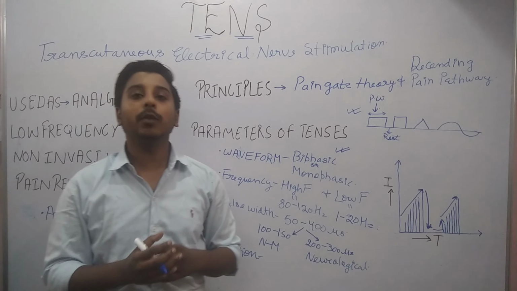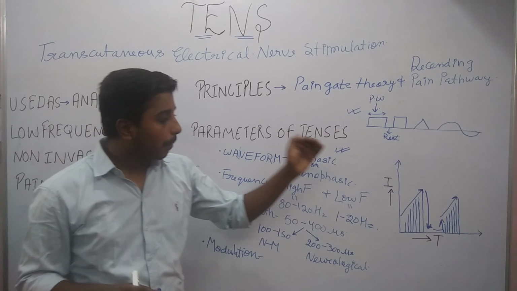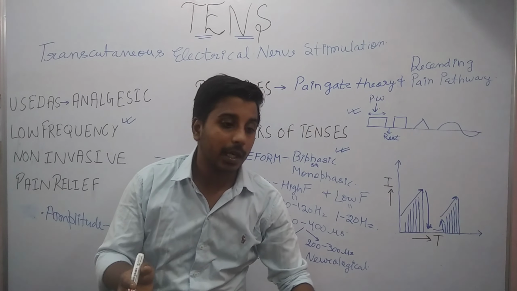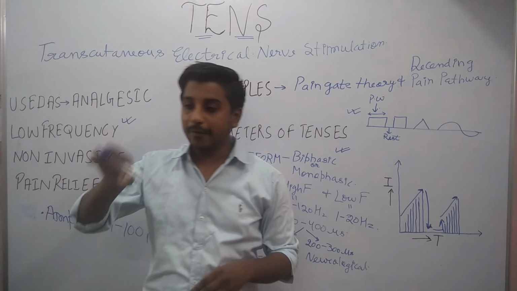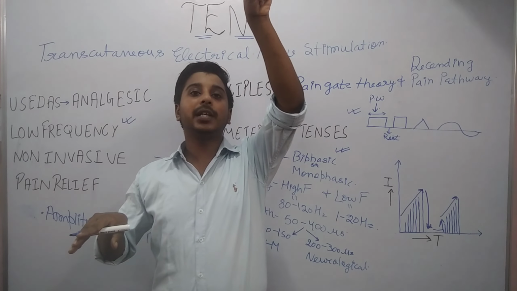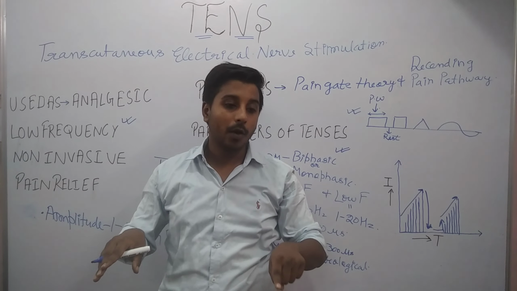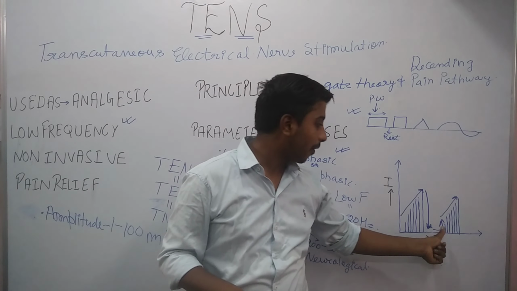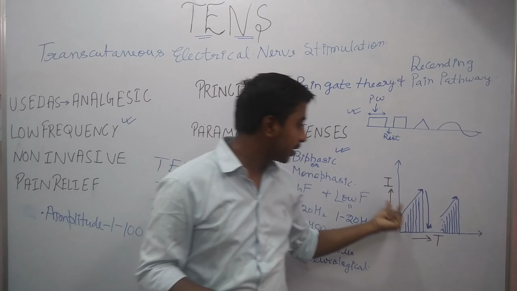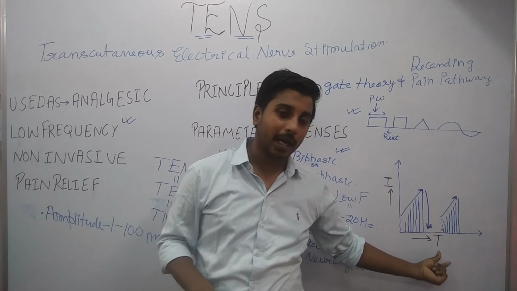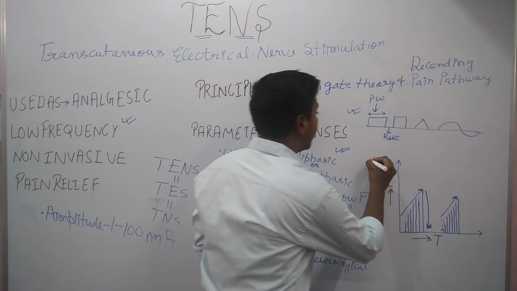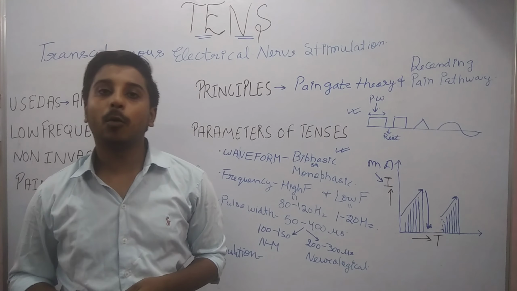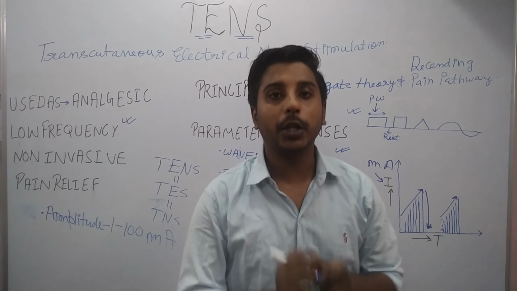So we set the value in the machine for how the modulation occurs: from 0 to the preset value, and then back to 0. This is the graph of amplitude modulation. Here is intensity and there is time. Intensity means milliamperes. So this is about amplitude modulation.